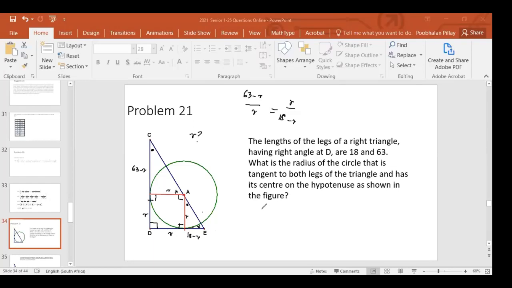So the tan of X in that picture is 63 minus R over R. In this one here, the tan of this angle will be equal to the tan of this angle here, which is R over 18 minus R, opposite over adjacent, because these angles are equal. They're exactly the same thing. So you could use geometry, similar triangles, or you could use trigonometry, which is even easier. But I didn't want to do that because of the grade 10s.